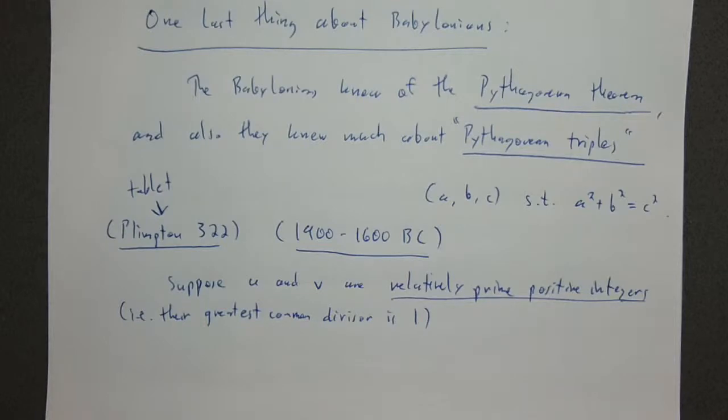The factors of 14 are 1, 2, 7, and 14. The factors of 15 are 1, 3, 5, and 15. So their greatest common divisor is 1, because it's the only common divisor. They don't have any other common divisors.